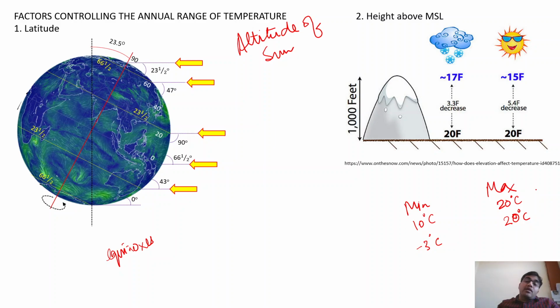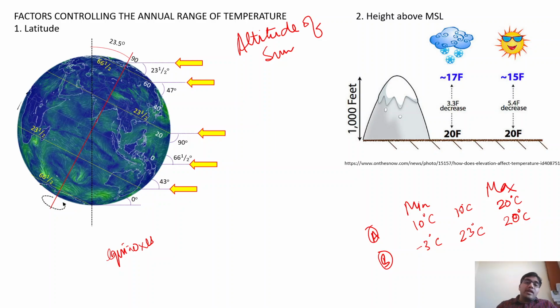For location A, the ATR will be 20 minus 10, which is 10 degrees Celsius, while for location B, 20 minus 3 becomes 23 degrees Celsius. So which places will have the maximum annual temperature range? Those with very low minimum temperature and very high maximum temperature. There is a huge difference. But where the minimum and maximum temperatures are not quite different, the annual temperature range will be lower.